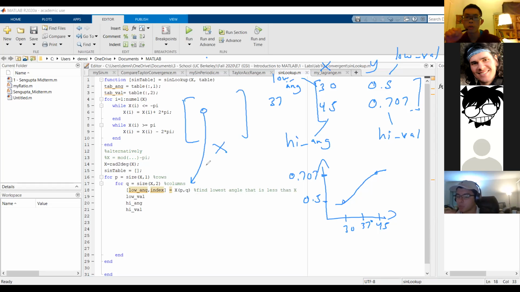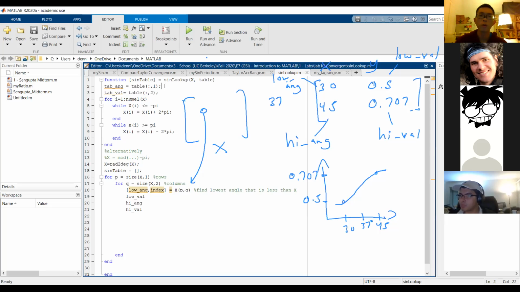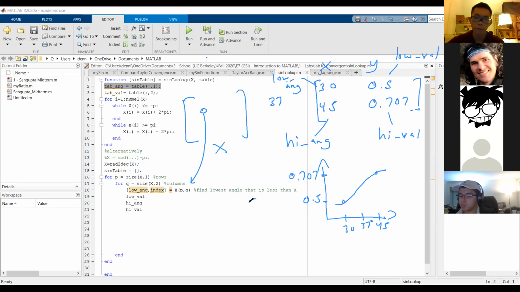Now, we're going to want to check this over here, and we're going to want to compare a bunch of different values, right? This is not just 30, 45. This is like negative 180, and then 30, 45. How do we pull out this one?